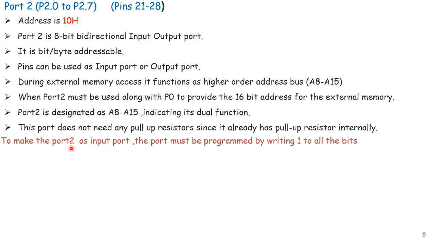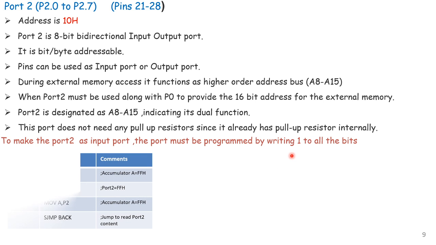To make port 2 an input port, all the bits are programmed by writing 1 to the bits. So here again we use this table for how we make port 2 an input port.